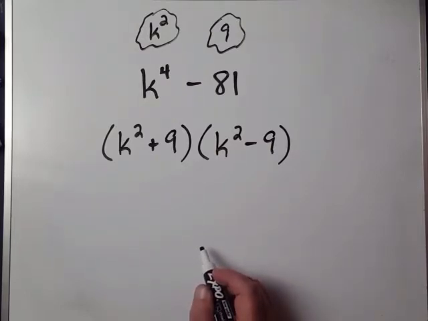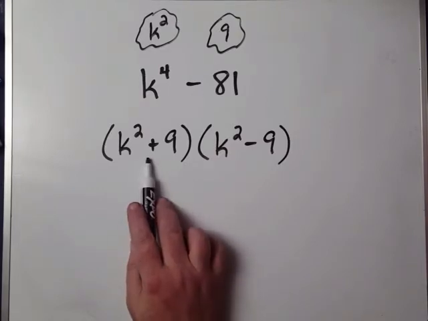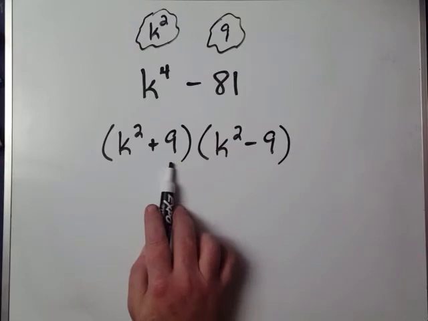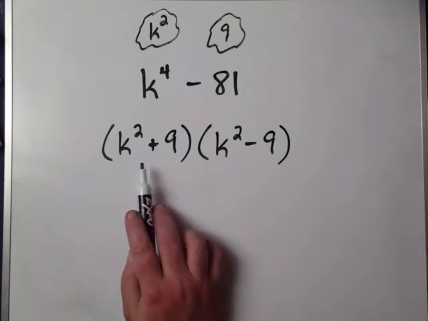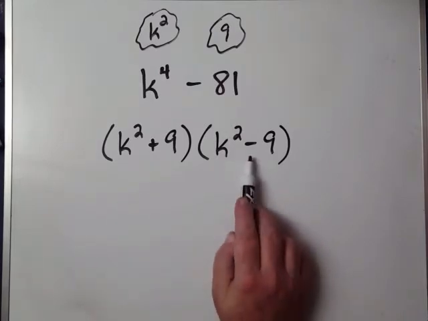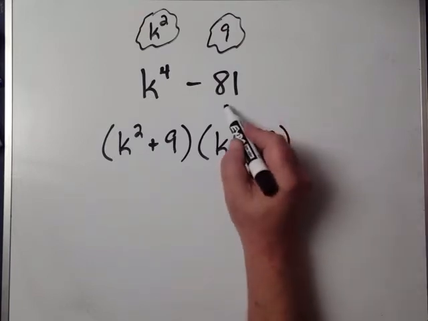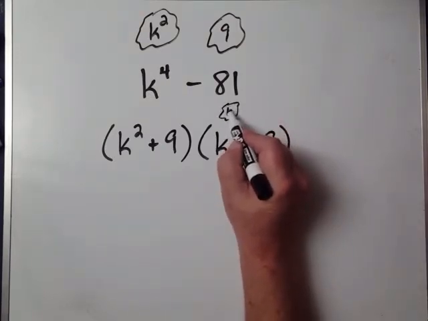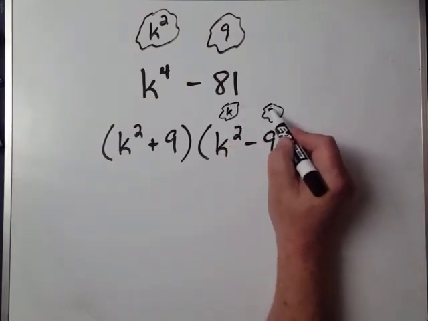Is this factored completely? Well, I have a sum of squares here in this first set of parentheses. That can't be factored any further because a sum of squares is prime. But what about this guy? This is a difference of squares. The square of k and the square of 3.